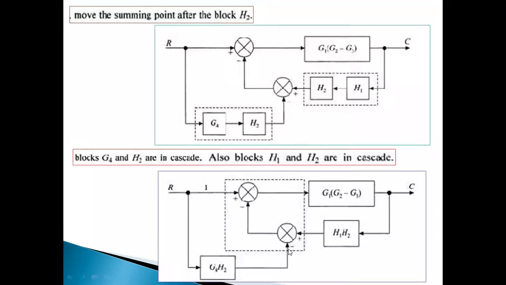If we interchange the summing points and merge these two, that is the total signal. If we assume A, and this is B with a negative sign, then A plus minus B is added with a negative sign.